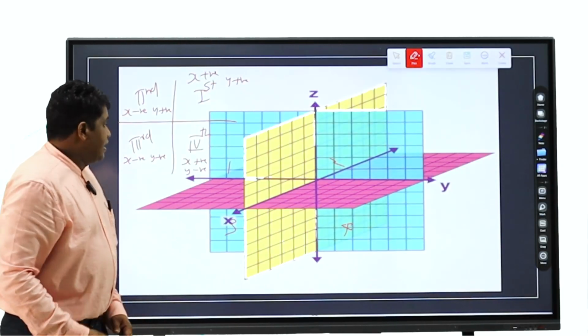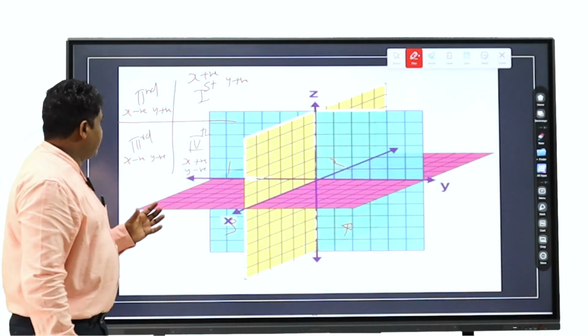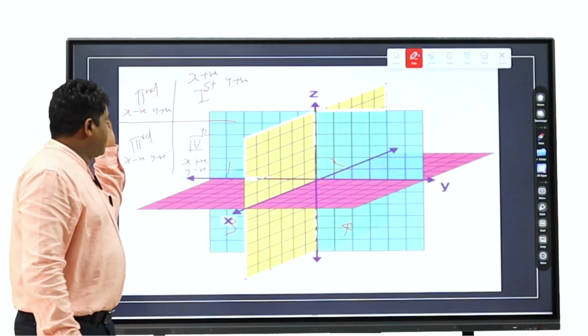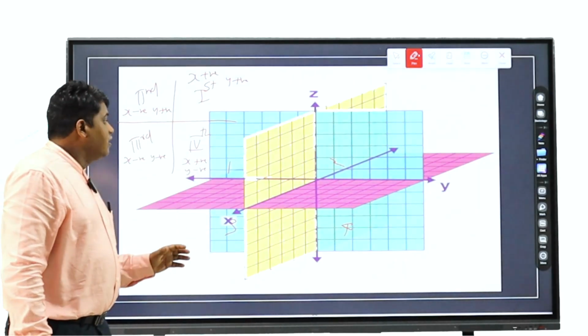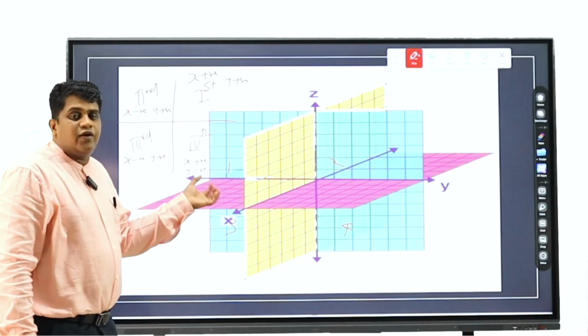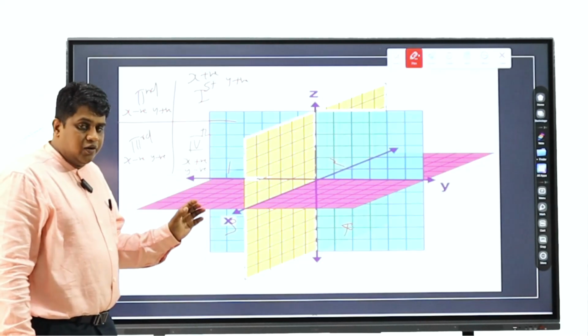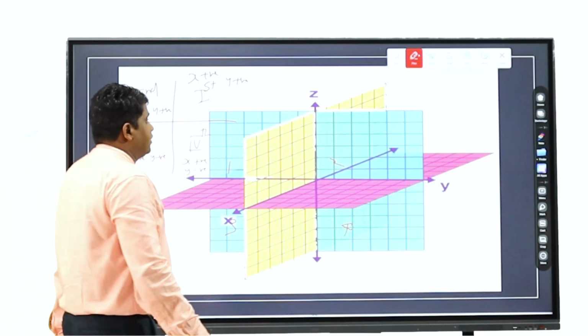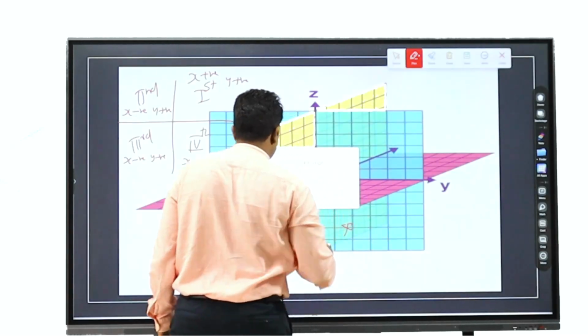Similarly to the plane, the x, y and z coordinates have different signs in different octants. We can check that.